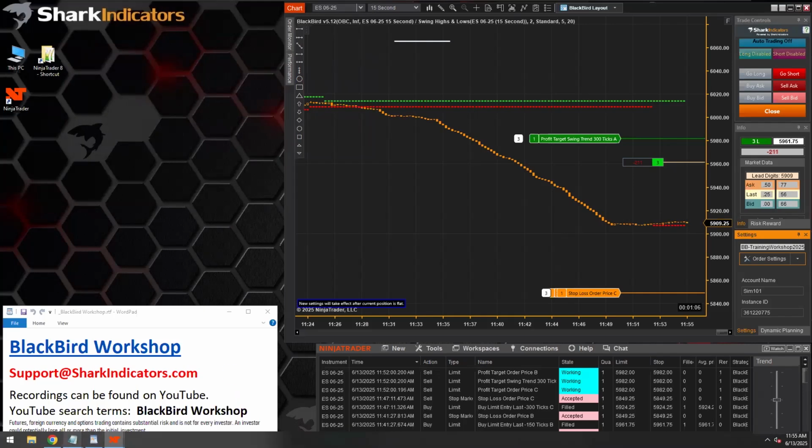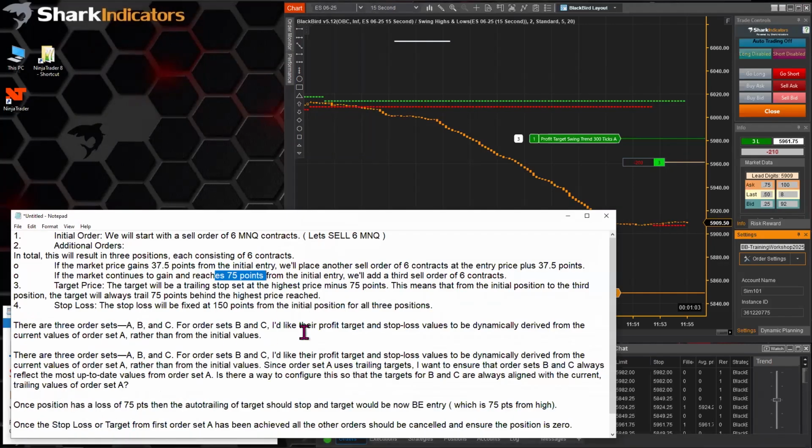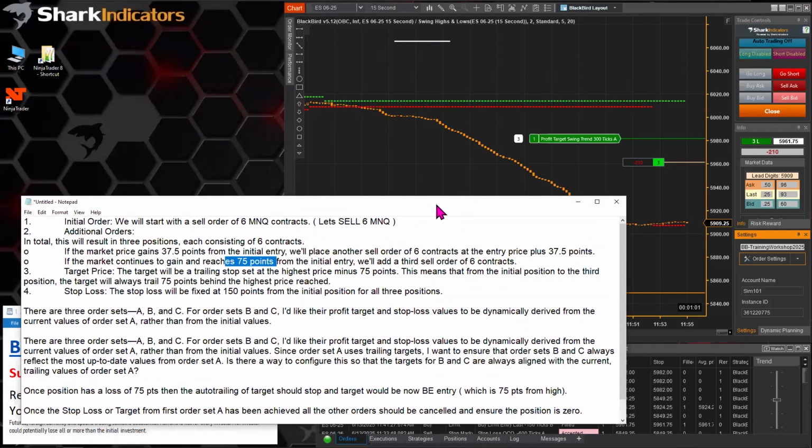And also, I think there is one other here. Ah, yes. All right. Once the position of the trade has reached a 75-point loss, or in other words, if the entry order for C is filled, because the entry order for C is 75 points, a 75-point loss, then we want to turn off the auto trailing.